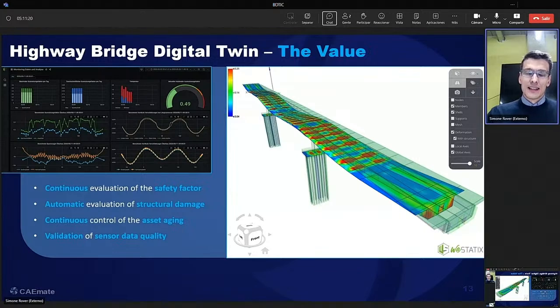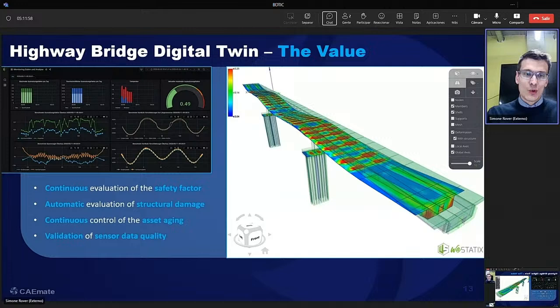But the reason why I report this case history is because we obtained a strong validation here. In fact, the asset owner asked us to predict what deformation would occur after a loading test they made. And the system was able to exactly predict the deformation that occurred in real life.